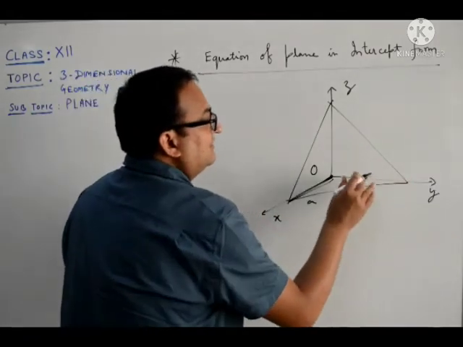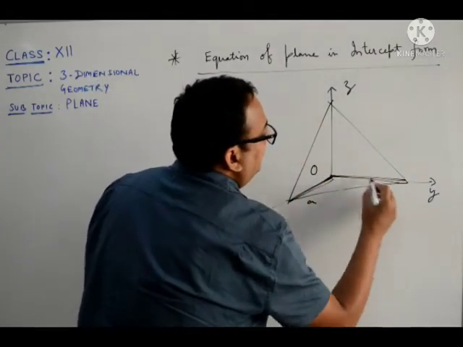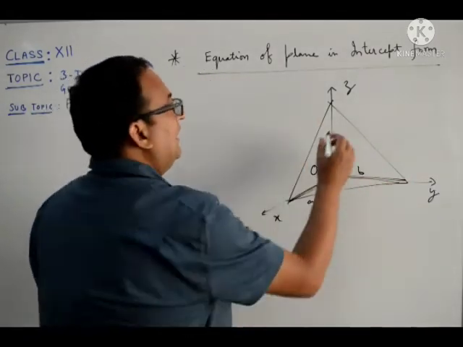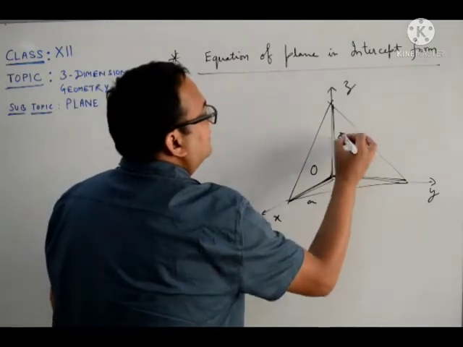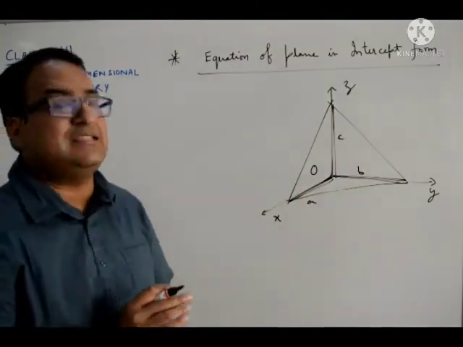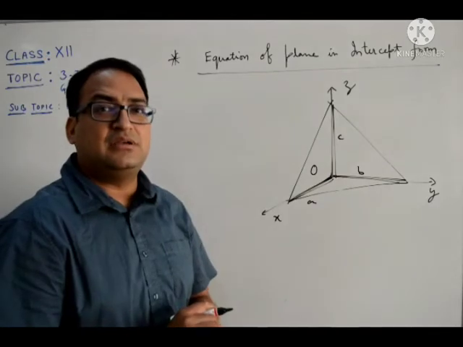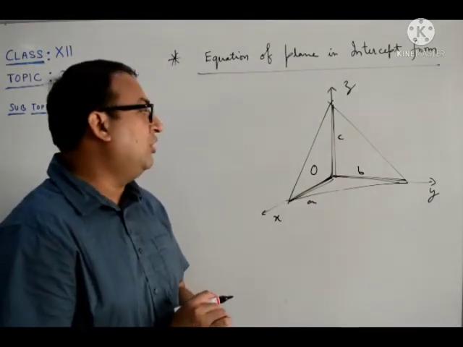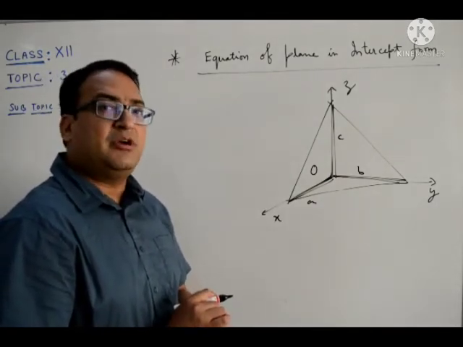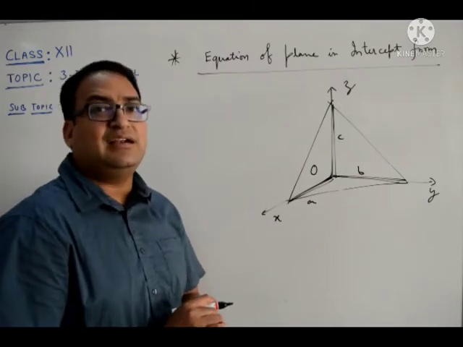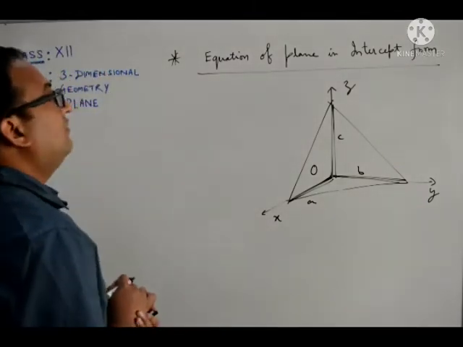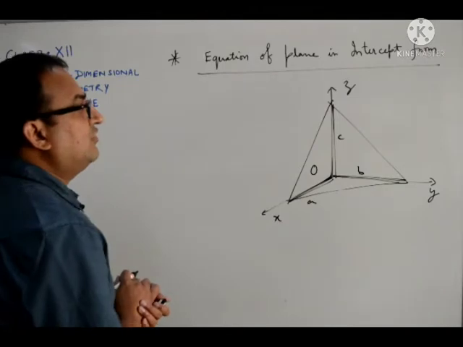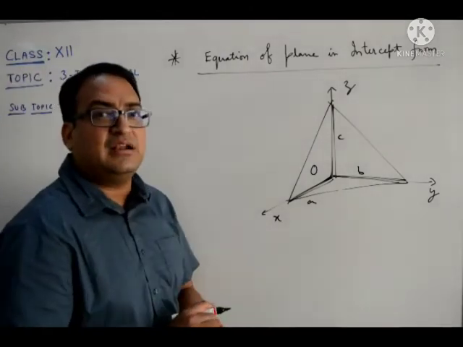Similarly, on the y-axis, the intercept made by the plane, say it is B, and on the z-axis this is C. So A, B and C are the intercepts made by the plane on the three mutually perpendicular axes, that is x-axis, y-axis and z-axis. We'll try to find the equation of the plane when these intercepts are given to us.